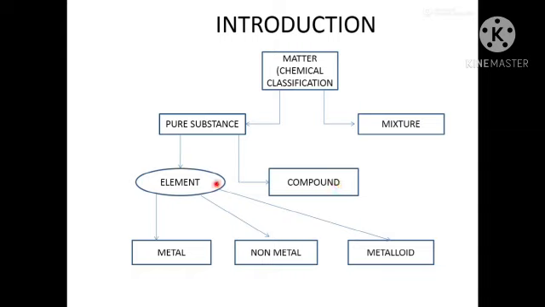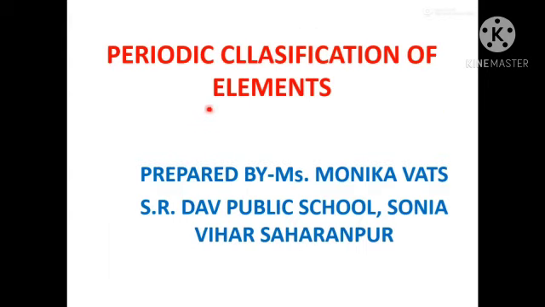Elements may be of different types: metals, as we had already discussed, non-metals and metalloids. So in this chapter, as the name suggests, we will discuss the classification of elements, that means metals, non-metals and metalloids.